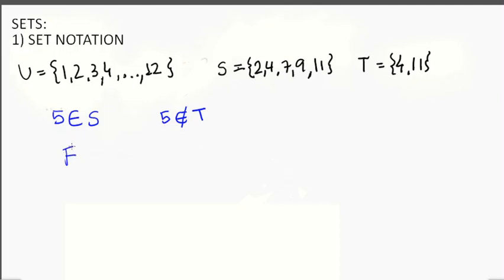Okay, false. 5 is not an element of T, is not a member of T. That's true, so that would be true. Okay, that's the kind of thing that you're gonna deal with so far.